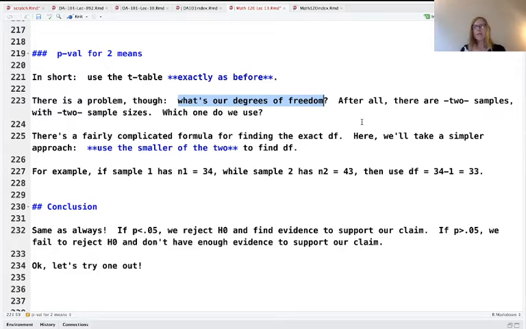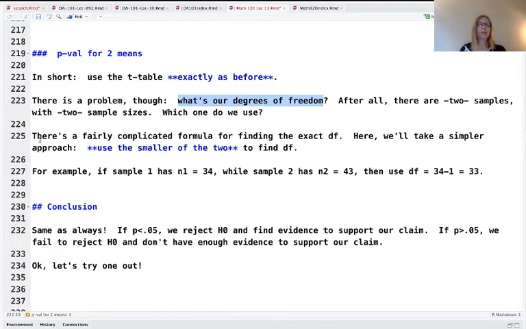So what are we going to do for the degrees of freedom? Think about it. Before, the degrees of freedom was n minus 1. But now that's not so clear because we've got n1 from the first sample and n2 from the second sample. So which one are we going to use?